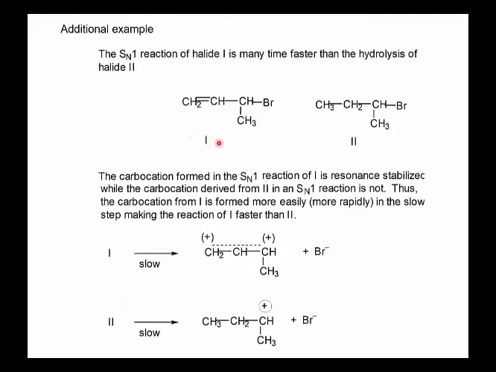Now, this is an allyl type bromide, number 1. It's an allyl bromide with a methyl attached. I want to look at the SN1 reaction of Roman numeral 1 compared with Roman numeral 2. Comparing the two, you can see that number 1 has a double bond in it, and number 2, Roman numeral 2, does not.